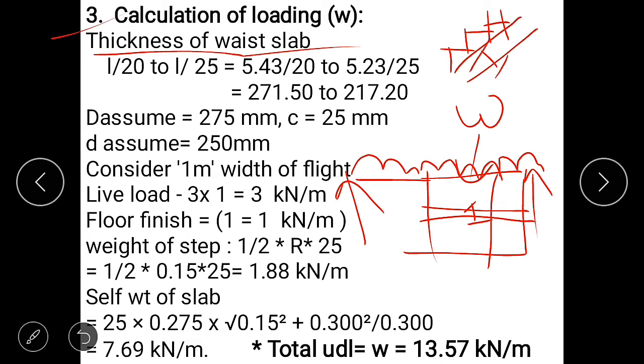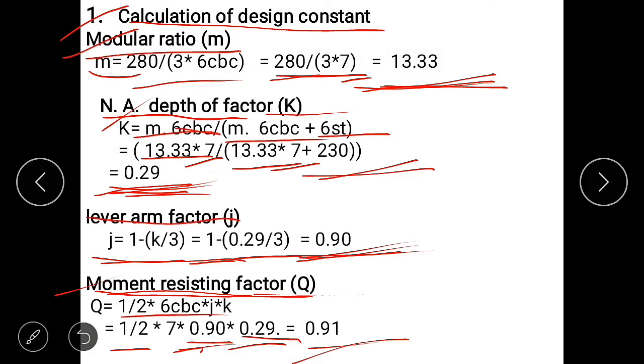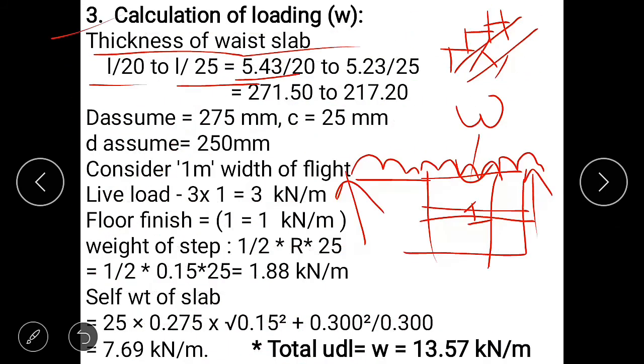Okay, so the formula is L by 20 to L by 25. L we take as 5.43. In our numerical, the size given is 5.20 plus 5.20 plus thickness of wall we assume here.